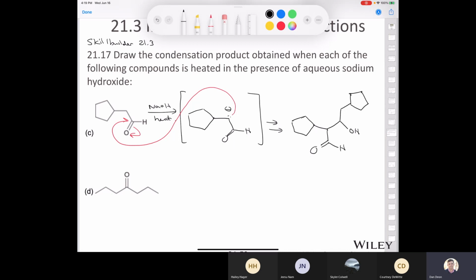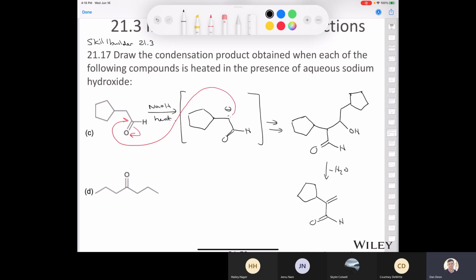So when I lose water, right, when I lose the water, I'm going to form the alpha beta unsaturated carbonyl compound. So I'm going to end up with this. Just try to draw it as neatly as I can. Here we go. So I'm going to have one cyclopentyl group over here.